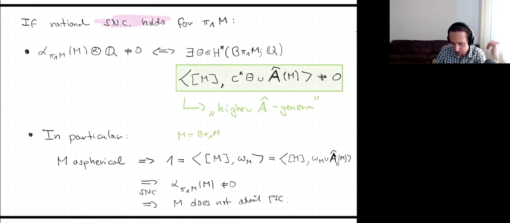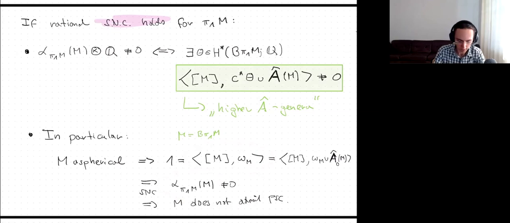Since the total A hat class in degree 0 is also just 1, you can reinterpret this as a trivial kind of higher A hat genus, and it's non-zero. So by the Strong Novikov conjecture, the Rosenberg index doesn't vanish, and therefore M does not admit positive scalar curvature.